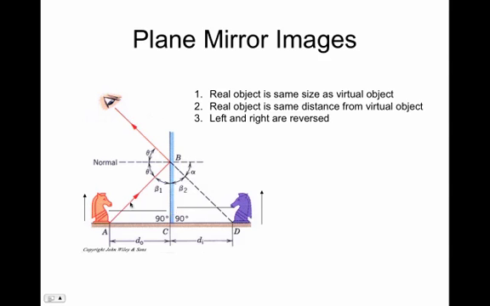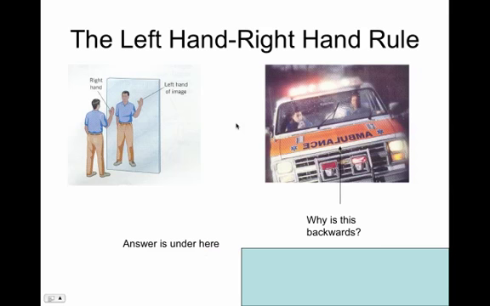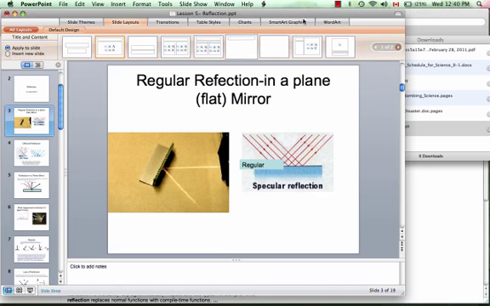Notice the distance from the mirror is the same, which makes the size of the object the same. These two arrows show you the size of the object are the same. The only thing different is the left to right. So real objects are the same size as the virtual object. A real object is the same distance, and its left to right is reversed. And that's it for reflection in a flat plane mirror.